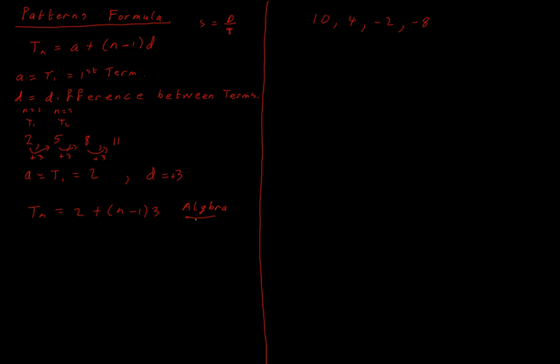Okay, so this is an important step. We are going to start our work in algebra, and we're going to get a little bit comfortable with some of our algebra rules. So one of the rules that we need is that when we're multiplying out like this, we're going to take the number outside the bracket, and we're going to multiply it by all of the stuff that's inside our bracket.